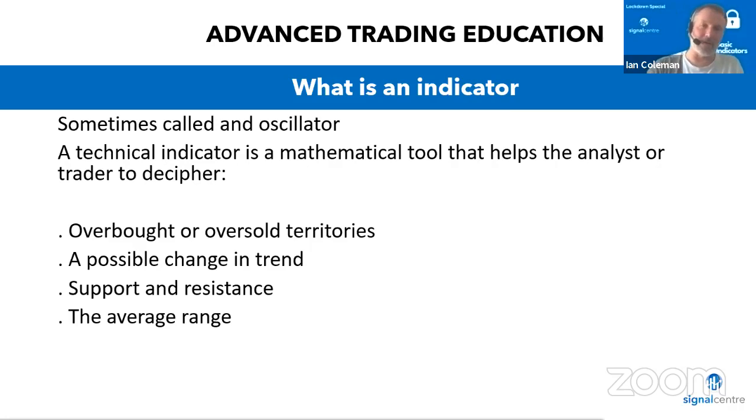If we're looking for a change of trend, then use a basic indicator that might highlight a change of trend, but then you can also use price action, or maybe a chart formation, maybe an ending wedge pattern, etc. These indicators are good as overlays on charts, but price is most important. Support and resistance, and then the average range.